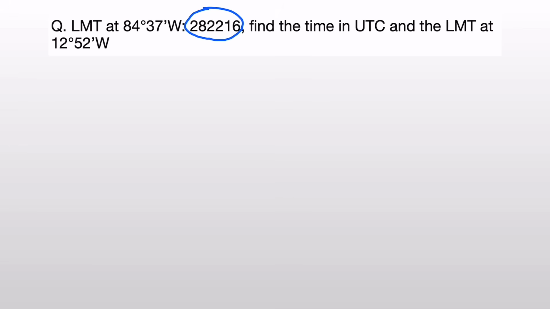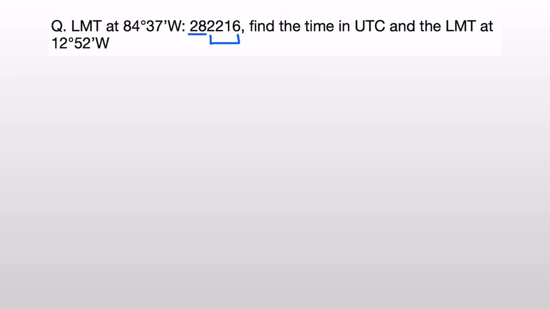So how to read time like this? The first 2 digits are the date, and the next 4 digits show the time in 24 hours format. So the local mean time at 84 degrees 37 minutes west is 22:16, which is 10:16 p.m. on 28th. Month is not important, it's just the date which matters.